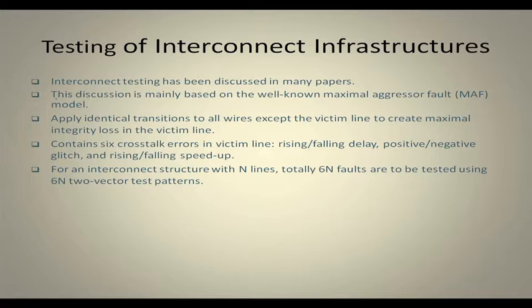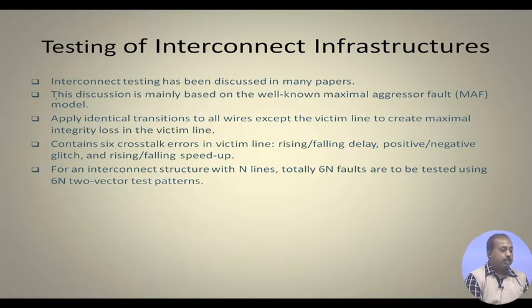So, for an interconnect structure with n lines, totally 6n faults are to be tested using 6n 2-vector test patterns. This is for the maximum aggressor fault model, as it has been established. There are 6 faults here: rising delay, falling delay, positive glitch, negative glitch, and rising and falling speed up. So, there are 6 possible faults, and since there are n lines, we have 6n faults to test.